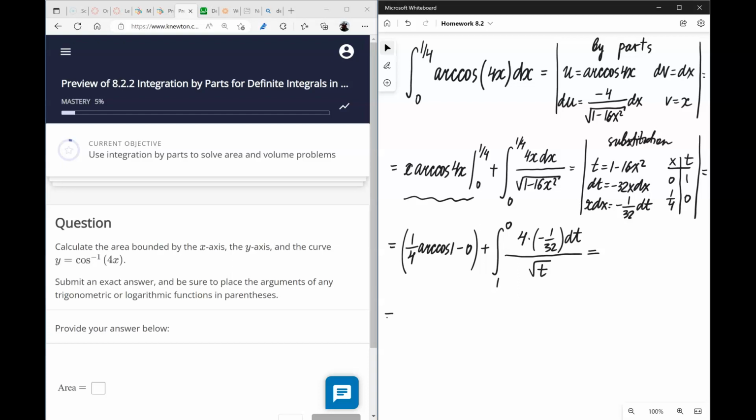Now continuing, so arc cosine of 1 is 0, so everything is 0 here.